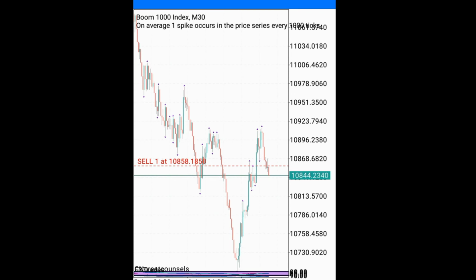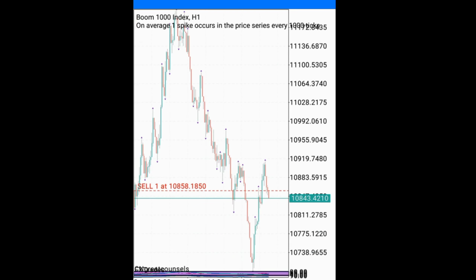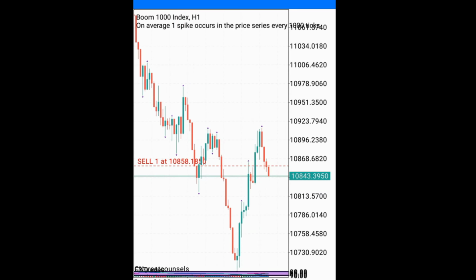But just know that we picked our signal and our confirmation from the M30 and also from the H1 where the pattern is obvious. We took our signal and our confirmation from those time frames.